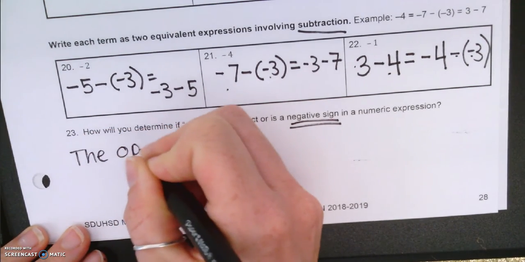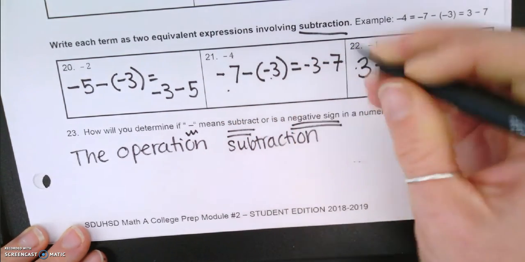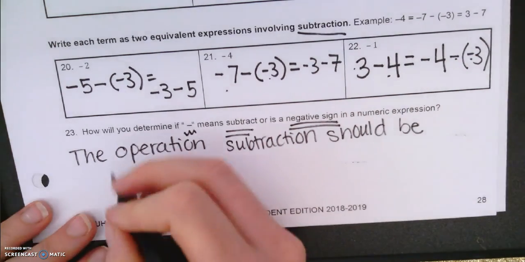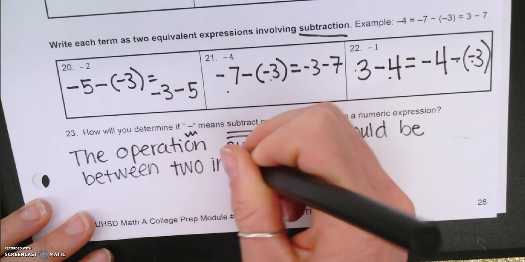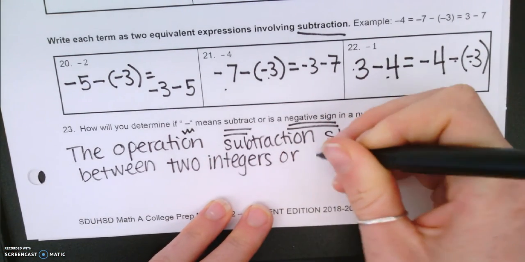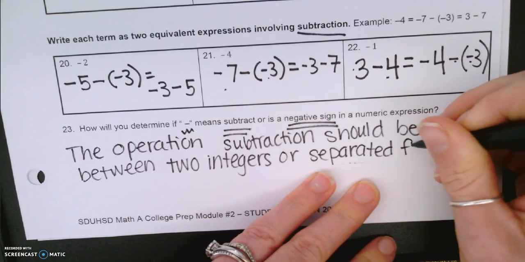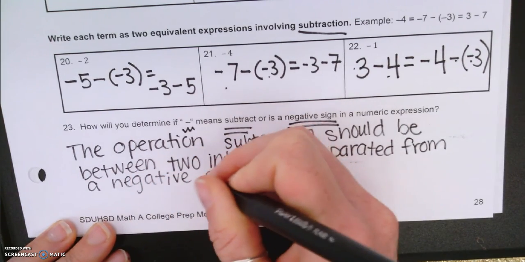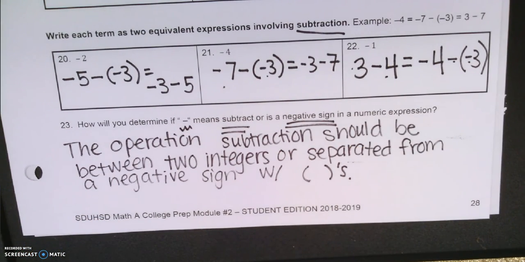Well, the operation subtraction should be between two integers, two numbers, or separated from a negative sign with parentheses.